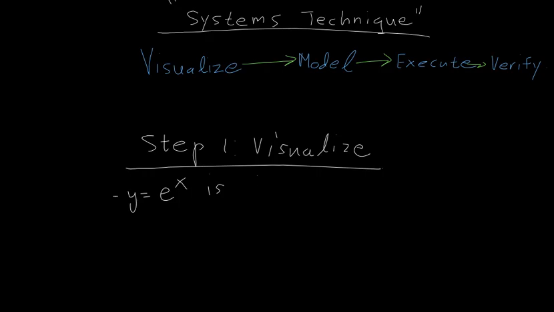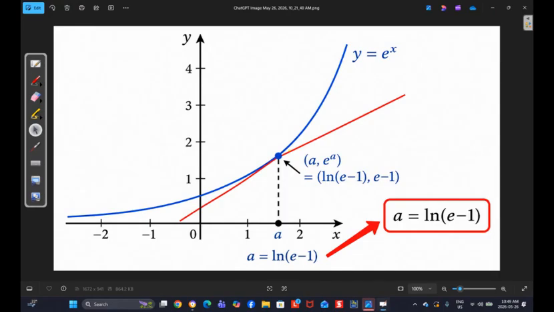It has to be increasing. It's an increasing function. Increasing and convex. If you look here again, you can see that y equals e to the x, the blue curve, is increasing.